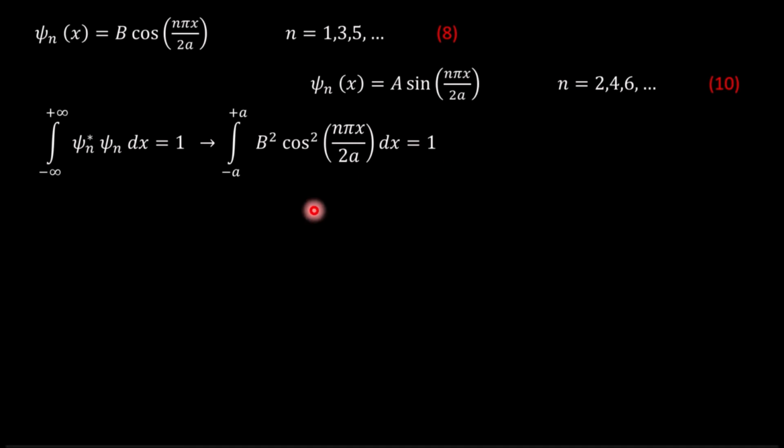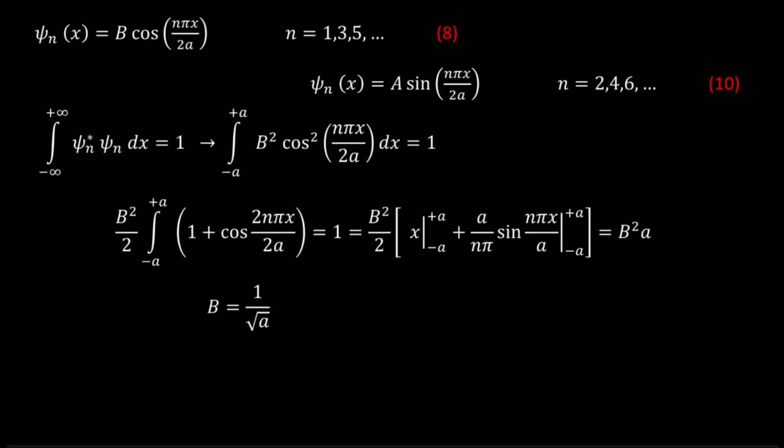for the normalized wave function. And this cos² term can be simplified using the trigonometric relation cos²θ = (1 + cos 2θ)/2. If you make that substitution, this will become 1 plus cos of 2 times this argument, divided by 2a. The 2 is taken outside the integral.